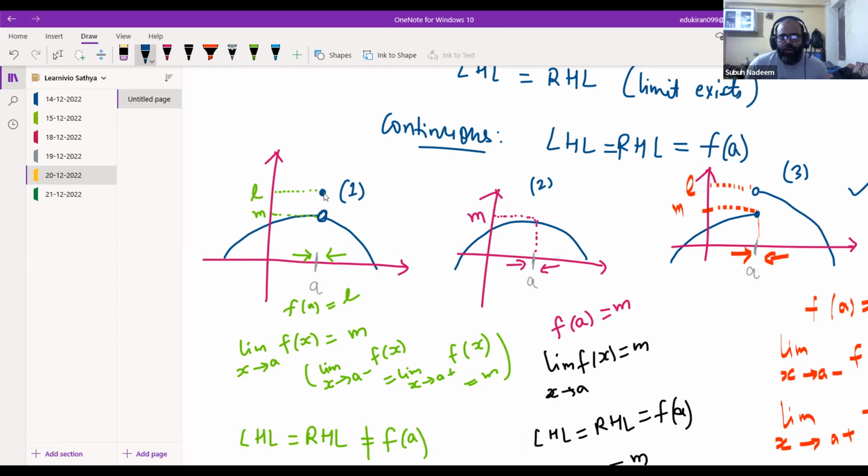So limits do not talk about the exact value at that point. They talk about what is the prediction.